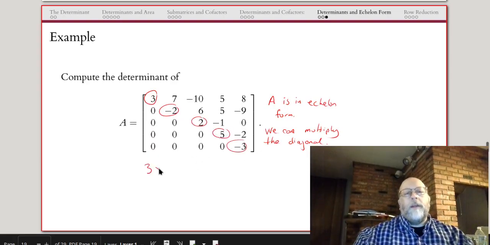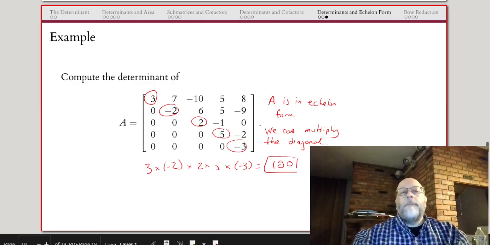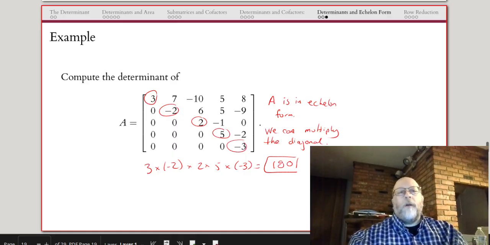So 3 times -2 times +2 times 5 times -3, and that's, let's see, 18 times 10 is 180.